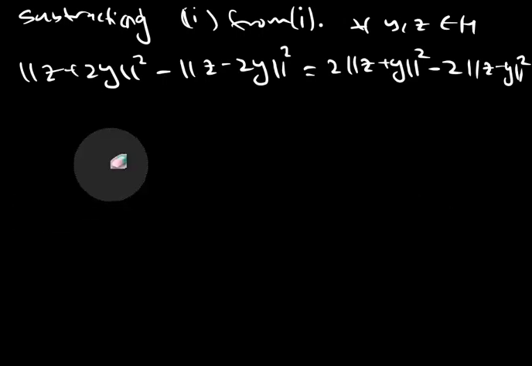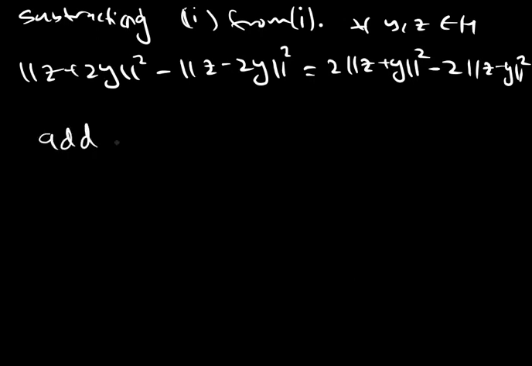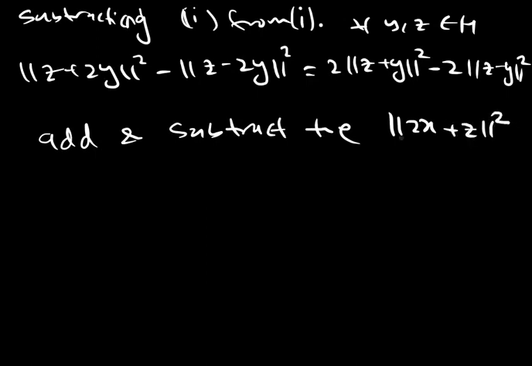So let's add a term here. To add and subtract the following object: 2x plus z the whole square, in this equation. So what do we get?